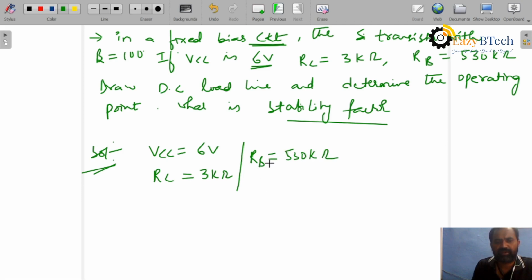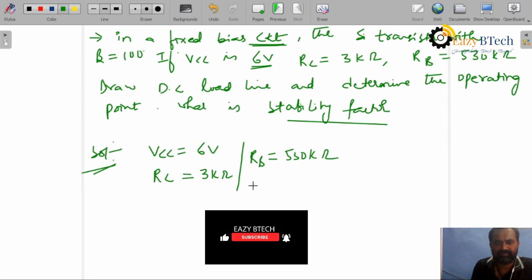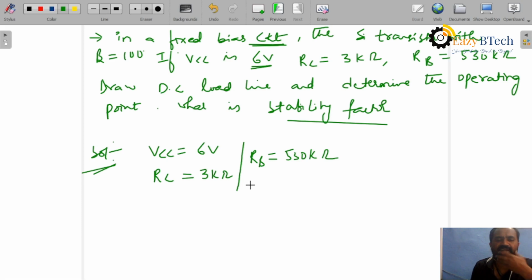What we have to find: first the operating point, second the DC load line, and third the stability factor. And the value of beta is 100.